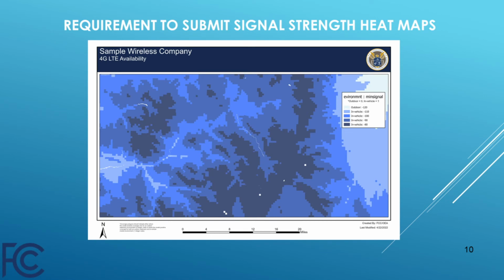For example, the outdoor stationary LTE polygon could depict data for both 5 megabits per second download and 1 megabit per second upload speeds at the cell edge and 10 decibel signal strength rings. This slide shows an example of what a provider's map that incorporates signal strength would look like.